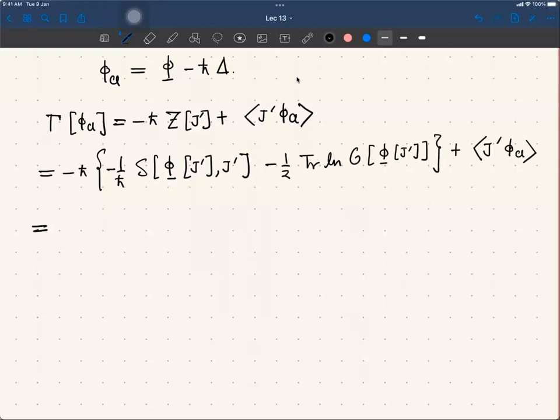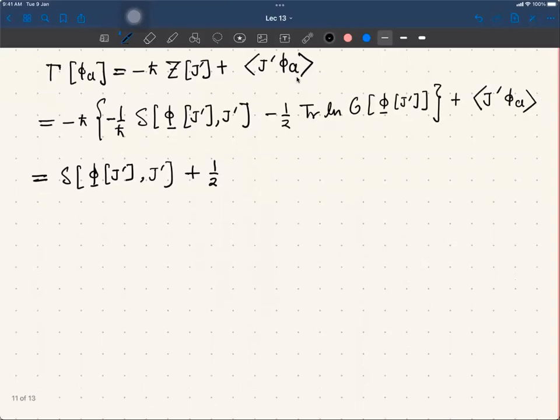This is the same as the action plus h bar by 2 trace log O, plus J prime phi CL.